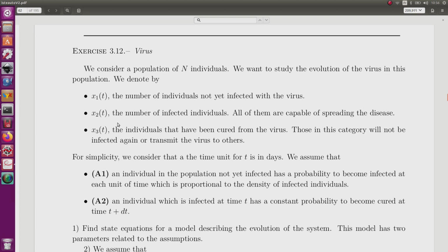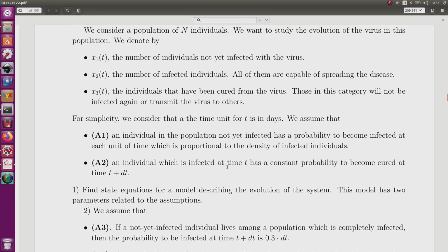So we'll classify the population into those who have not yet been infected, those that are infected and capable to spread the virus, and those that have been cured. And what we want to solve is to find the state equation of this system of the propagation, taking into account some assumptions that I will now explain.